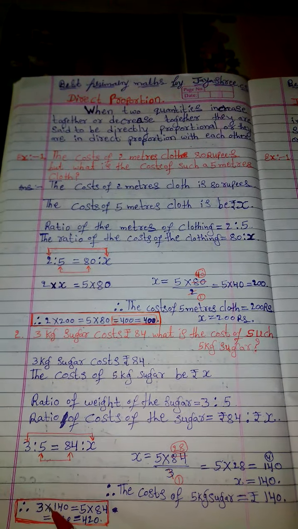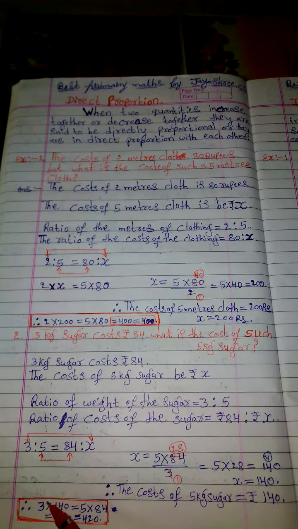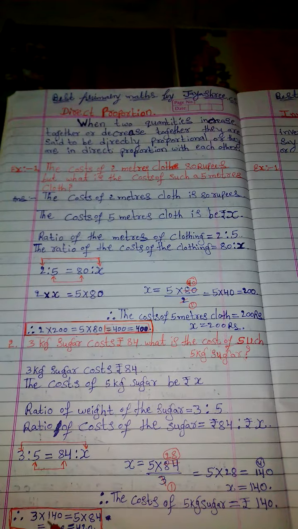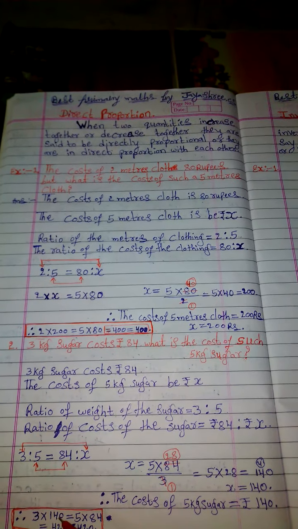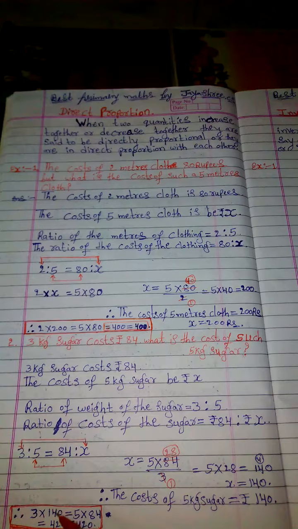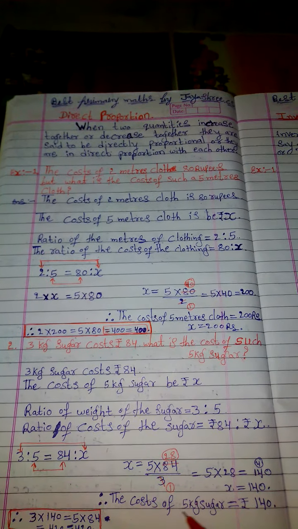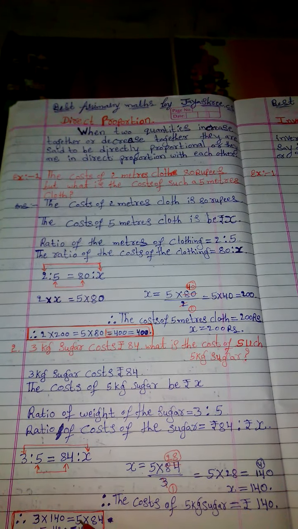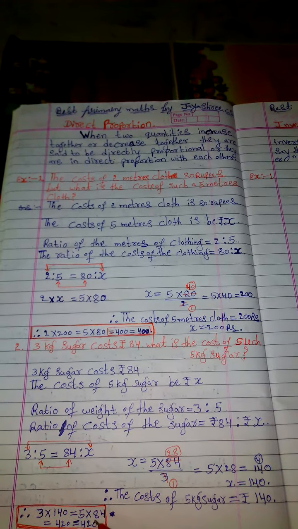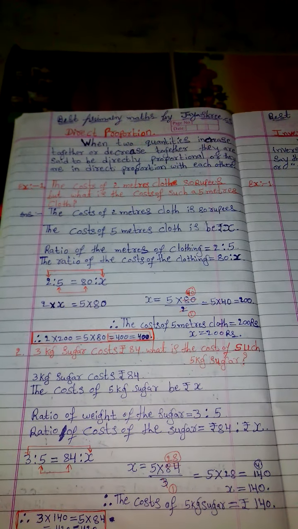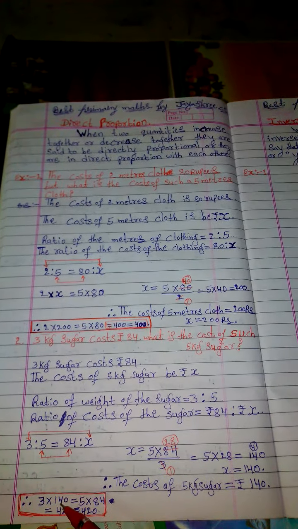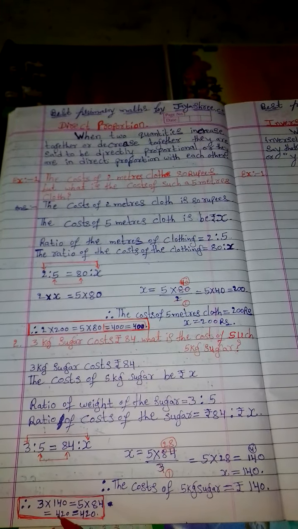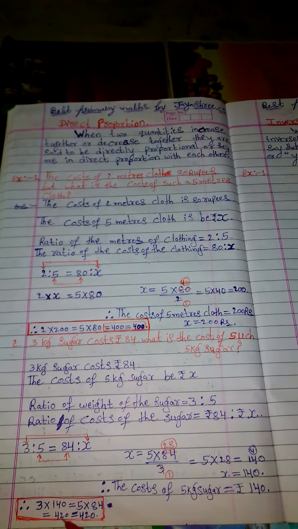Therefore 3 into the value of X, 140, equals 5 into 84. 84 fives are 420, and 140 into 3 is 420. We got the same product.